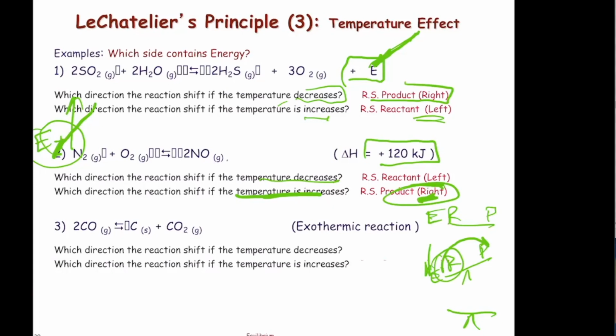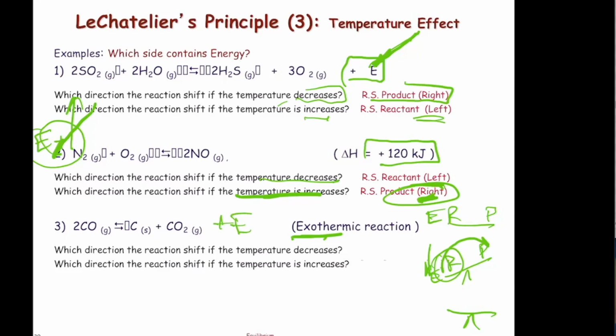And finally, let's take a look at this. Well, this is an exothermic reaction. So there are 3 different ways to express energy. We can put E either on the product or the reactant. We can say delta H is positive or negative, or we can say that it's exothermic or endothermic. Exothermic means that energy is on the product side.